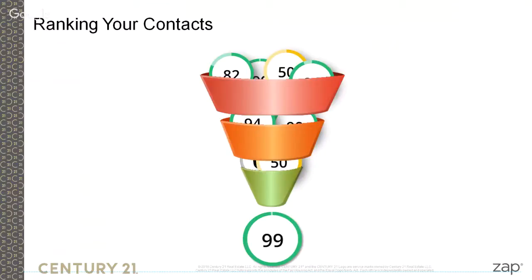Because your contacts are scored against each other, you can sort them by ZAP score to rank them. In doing this, you can identify the contacts that are most likely to transact. Those are the ones with the highest ZAP scores, and focus your efforts on them.